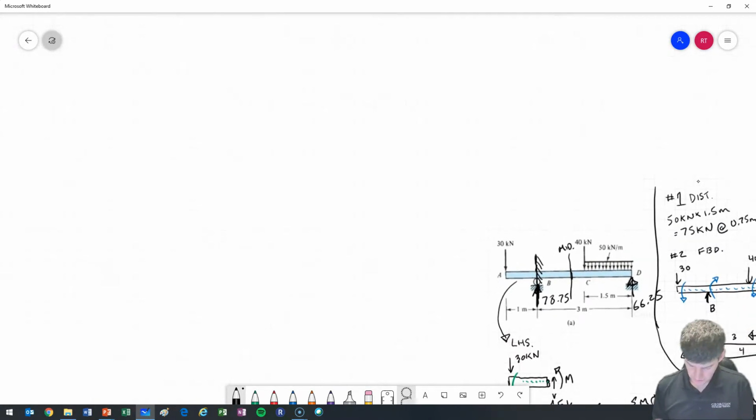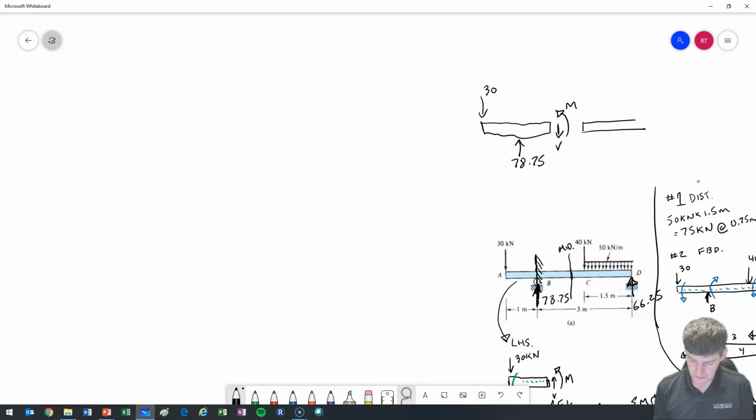So when we do our internal loads, what we're going to do is slice our beam. And what we'd be left with is a left-hand side, 78.75 and 30. And we'll have our V and our M. Or we had our right-hand side.